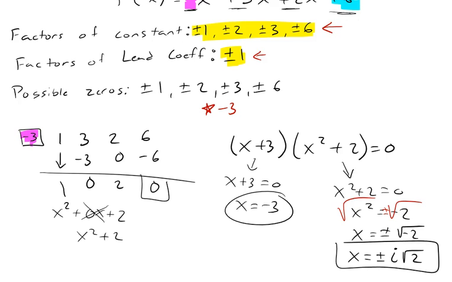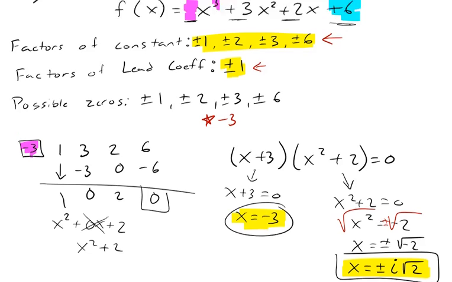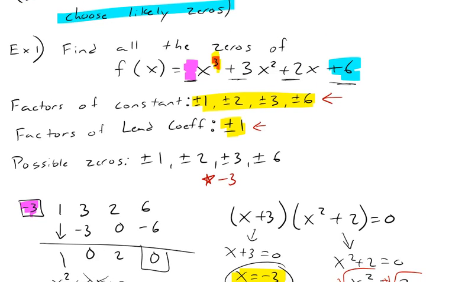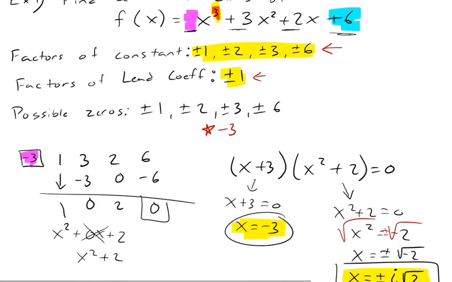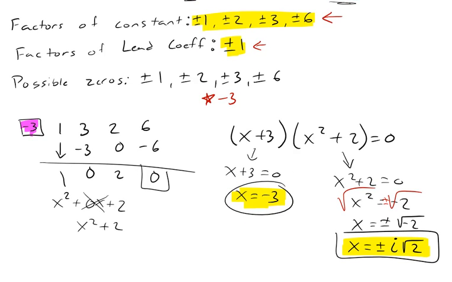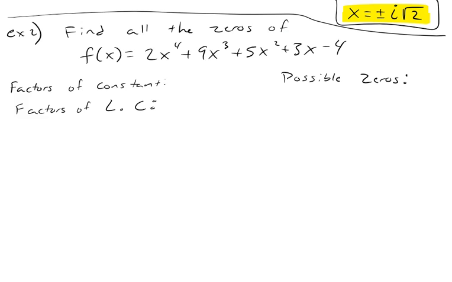I have 2 roots here, plus 1 root here, gives me 3 roots. I started with a degree of 3, therefore I have found all my roots. Alright, next problem.